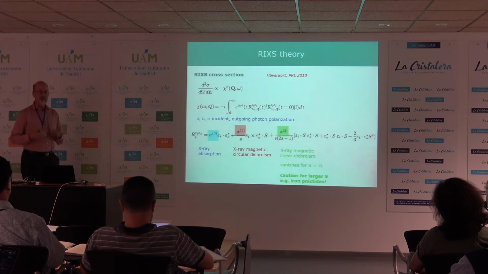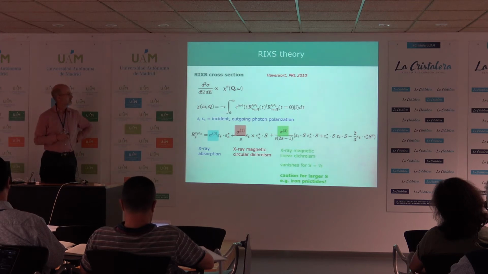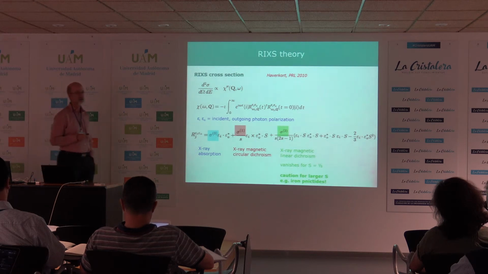Okay, so you can then develop a formalism for this RIXS technique, the RIXS cross section, and it turns out that this is quite analogous to neutron scattering.